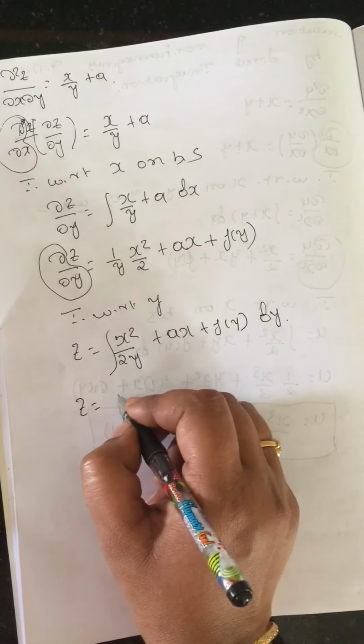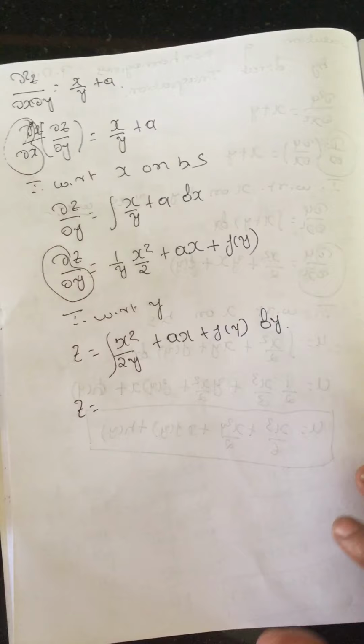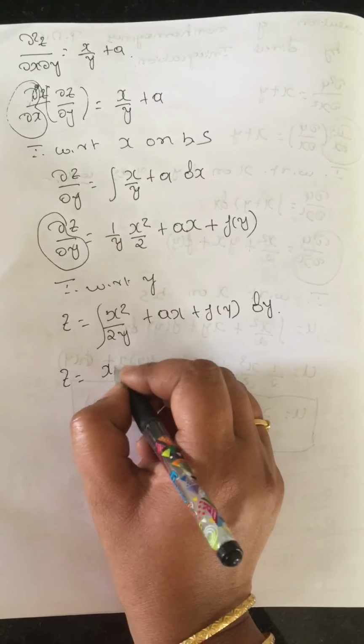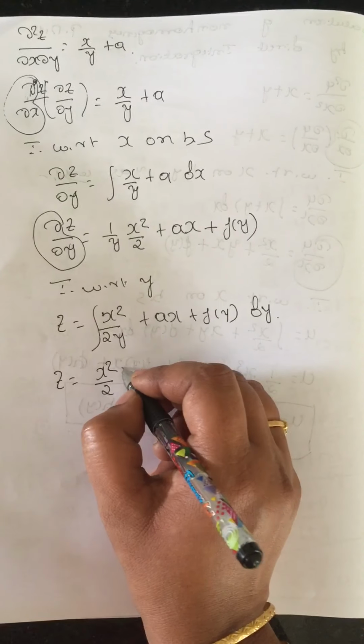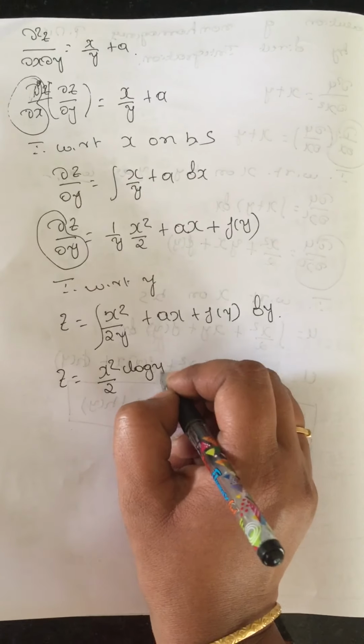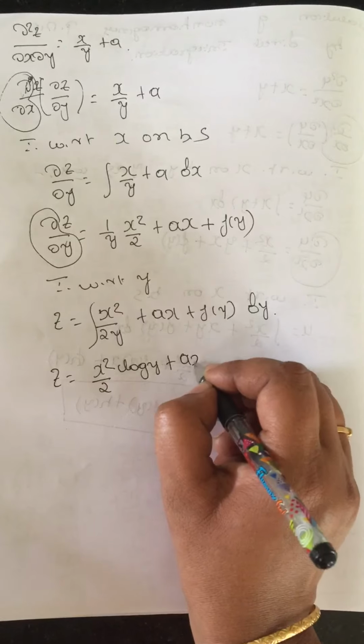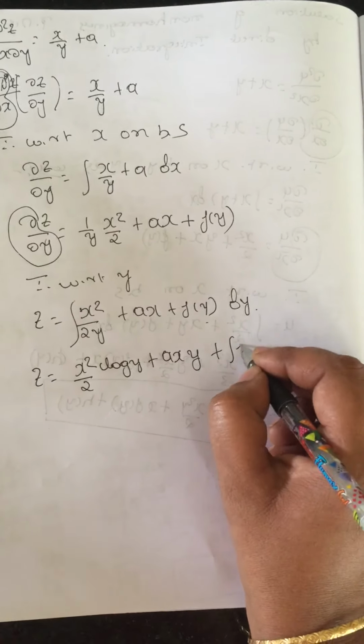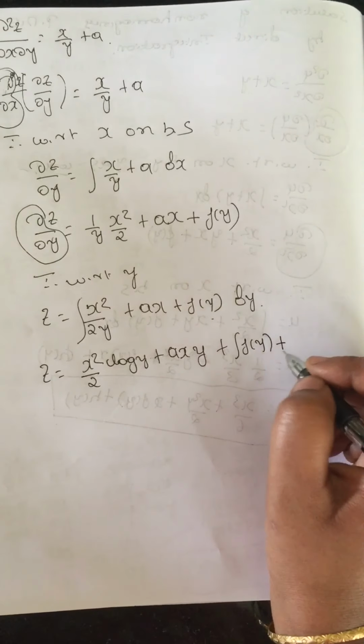Therefore z is equal to, now integrating with respect to y, treat x as a constant. So x square by 2 is constant, integral of 1 by y is log y, plus ax is constant, integral of constant is y, plus integral of the function f of y, plus c.